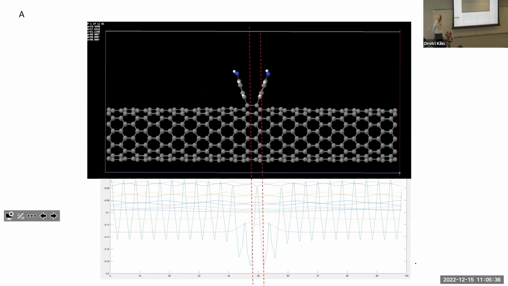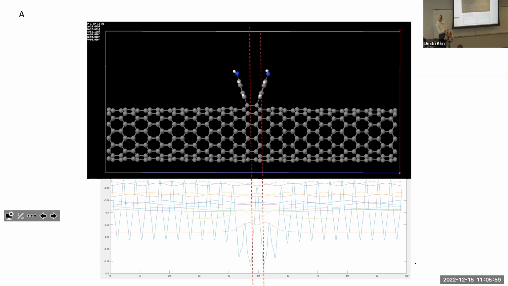So when looking at the first figure here, some important notes to make is this blue line. I don't know if on the Zoom they can see what I'm pointing at with the laser pointer, but for the bottom figure, the blue line is the potential as you go across the carbon nanotube.